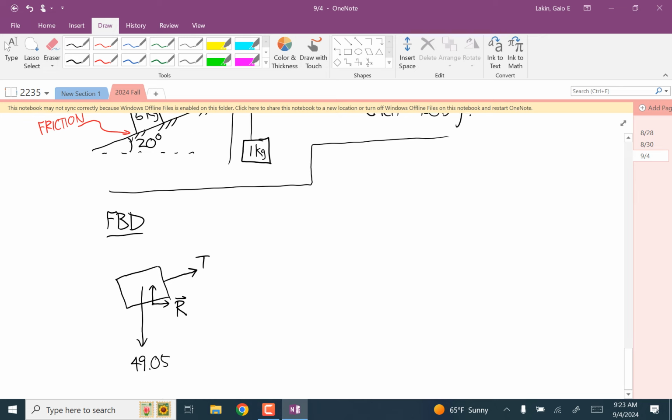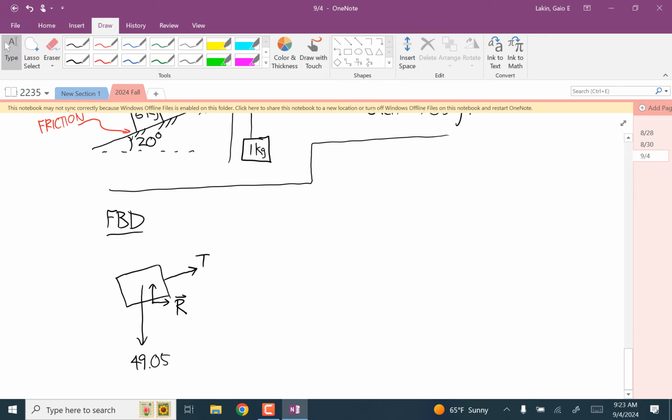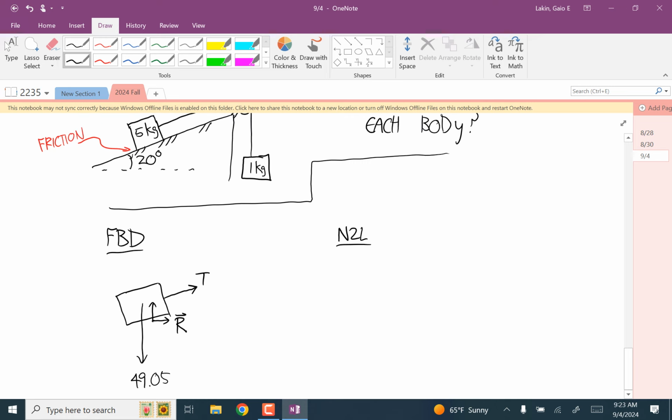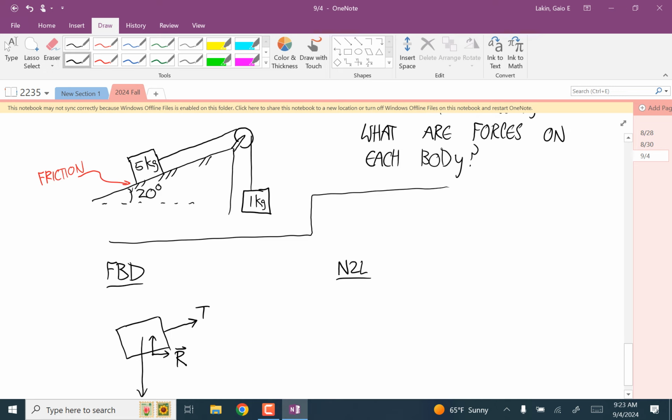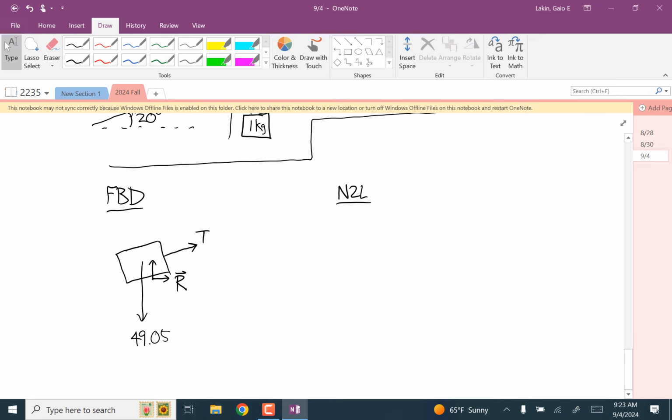Okay. And then, well, I guess let's go to Newton's second law for this. And then after we're done with this, what we're going to see is we can't solve this by itself. And then we'll isolate the second one. Okay, I'm using a standard coordinate system, so the weight force is 0, negative 49.05.